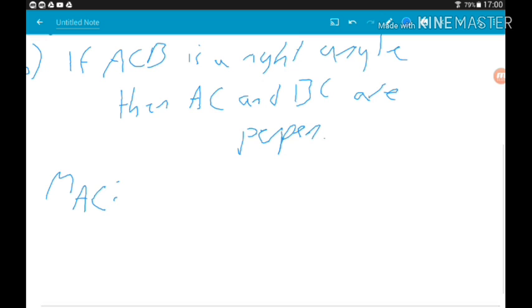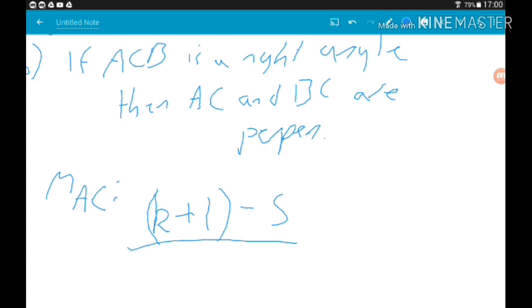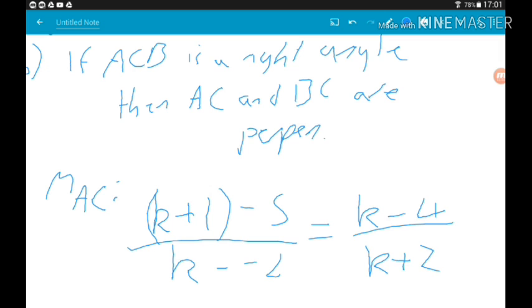So this gradient is k plus 1 minus 5, the difference in the y coordinates, divided by k minus -2. That gives us k minus 4 over k plus 2.